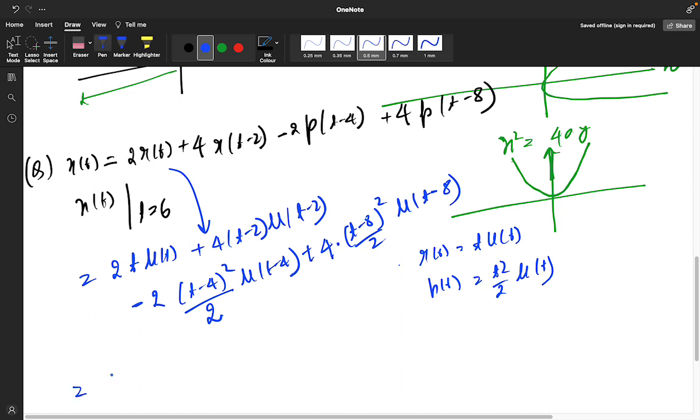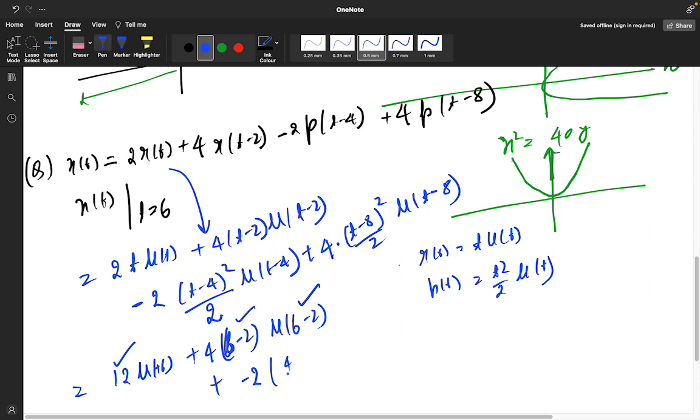So what will you get? 12 u of 6 means a positive value, so that is correct. Plus 4 into 6 minus 2, and u of 6 minus 2 is also a positive value, so that term is 4 into 4. Minus 2, 6 minus 4 is 2, 2 square is 4 by 2, and u of 2 is positive.